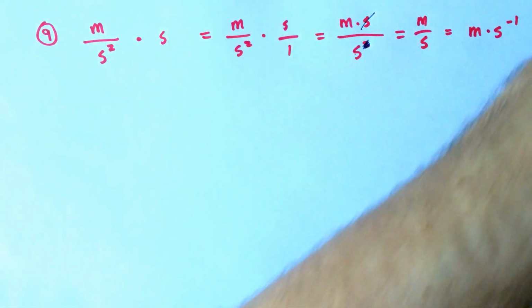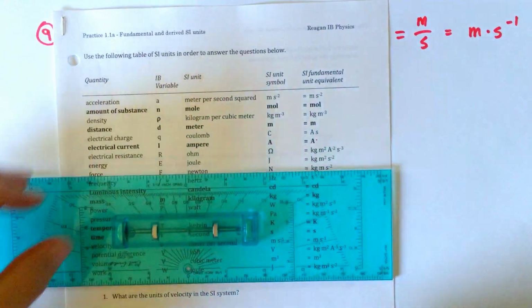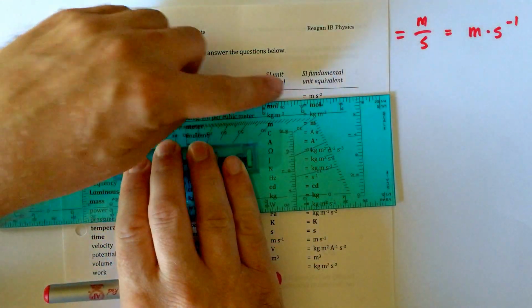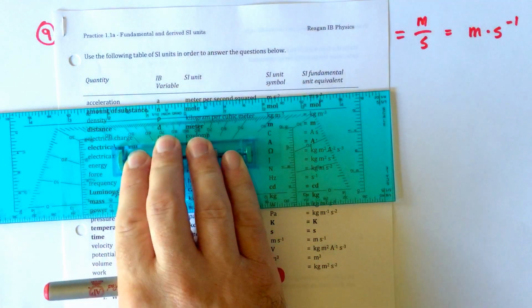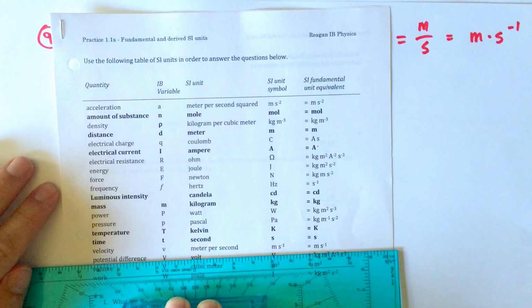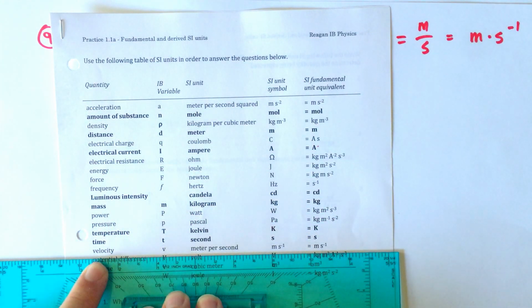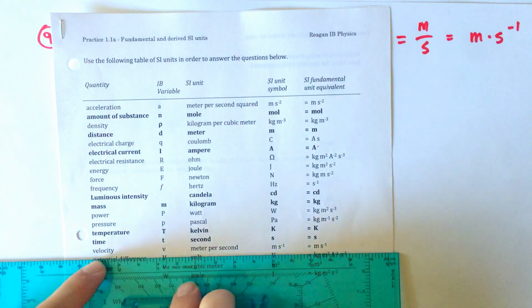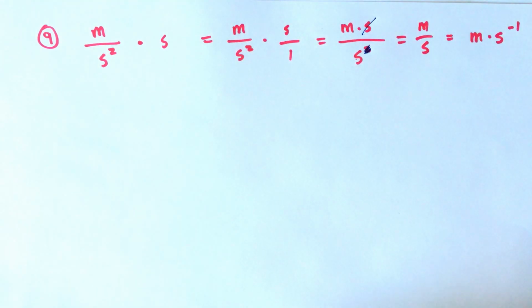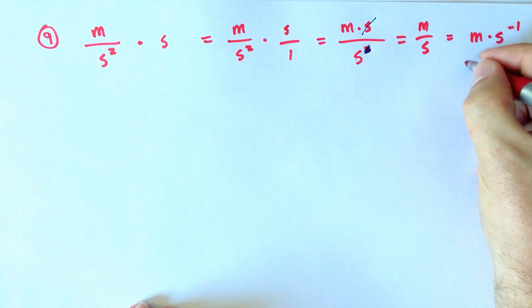If I use my table, I can look up what that unit is equal to. Looking for SI fundamental units, I can scroll down to meters times seconds to the -1, and I can see that it corresponds with velocity. So this must be a velocity.